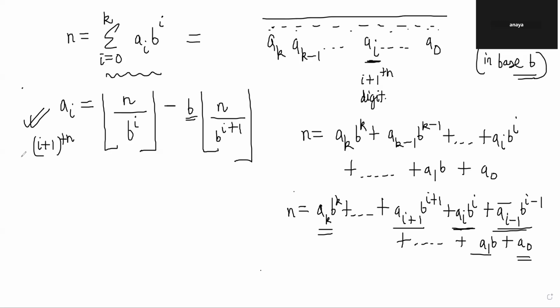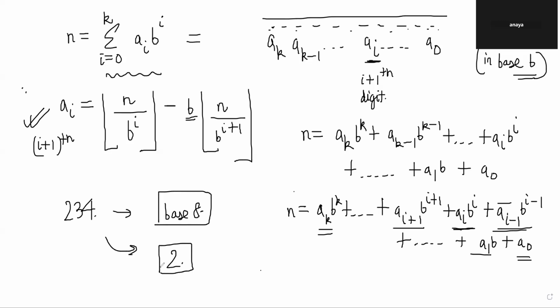Also, you should practice conversion of the bases. Basically, if you have a number 234, convert it to base 8 and find out what it will be in base 8. Similarly, convert it to base 2 and so on. Those conversions you can do by division and keeping on taking remainders.